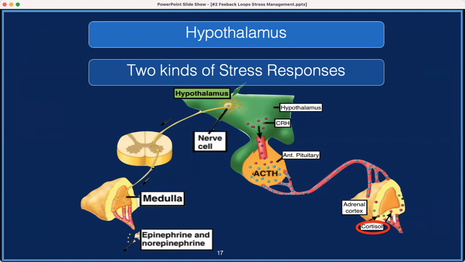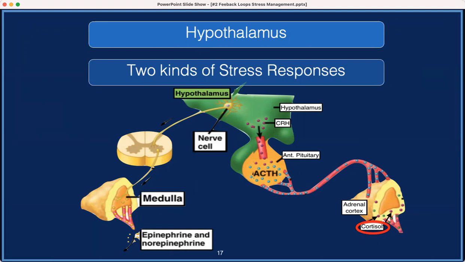The first type shown on the left is the stimulation of the sympathetic nervous system. And as part of that is the stimulation of the adrenal glands, the adrenal medulla, to release epinephrine and norepinephrine to go into that fight or flight mode.